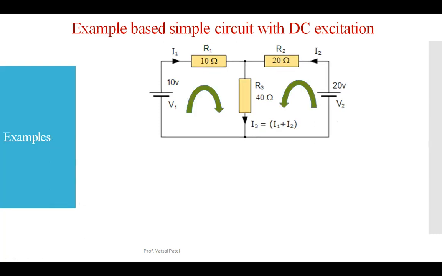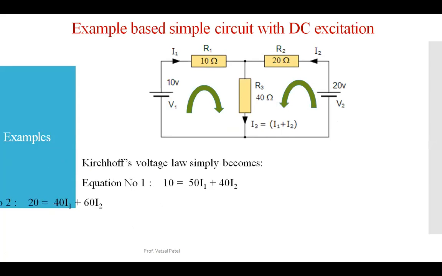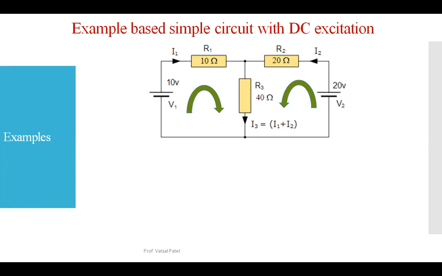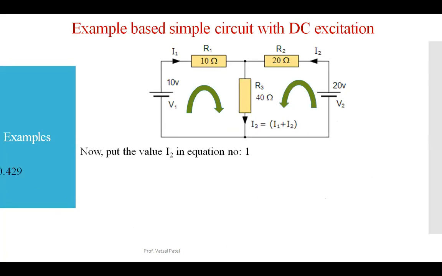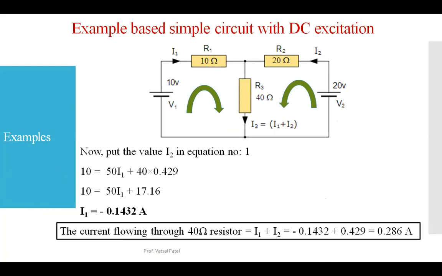There are two loops. We label the current value in each mesh, I1, I2, and according to that, the third current is I1 plus I2. So this is the equation we use to identify the currents I1 and I2 from the given circuit. Yes or no? So this is the example we discussed in the last session.